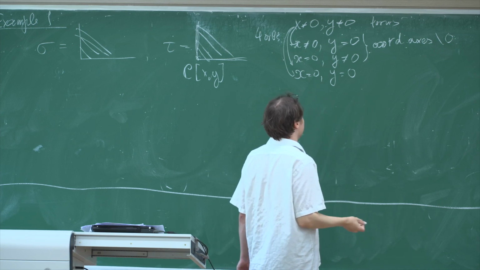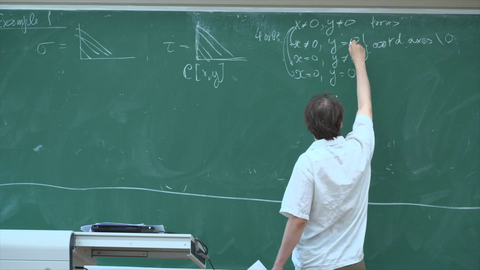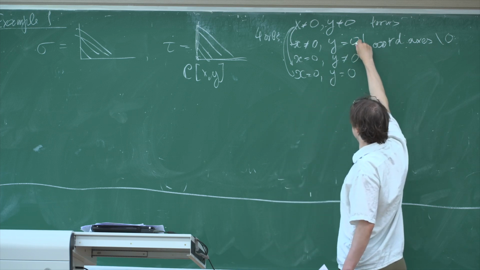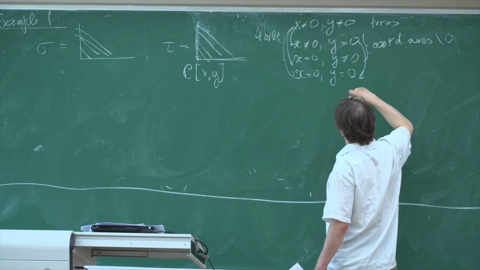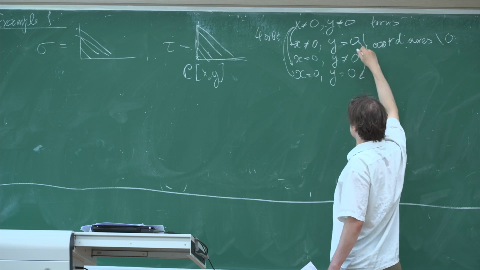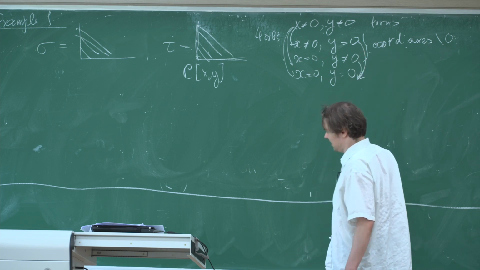And the closure of this orbit consists of this orbit and this orbit. And the closure of this orbit consists of this orbit itself and the last orbit, the origin.